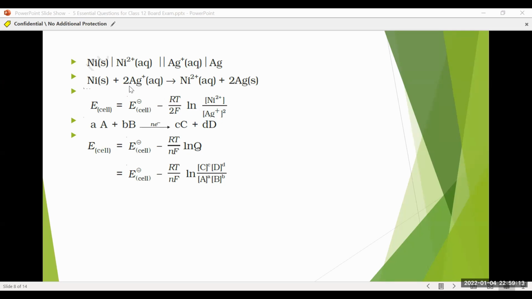Square is the coefficient used in this balanced equation, therefore it is squared. So we have to remember, in a general manner, it is product concentration upon reactant concentration. If things are taken in standard form, then directly you can substitute as minus 0.059 upon N log product upon reactant. If we involve the stoichiometric coefficients, which are those a, b, c, d.